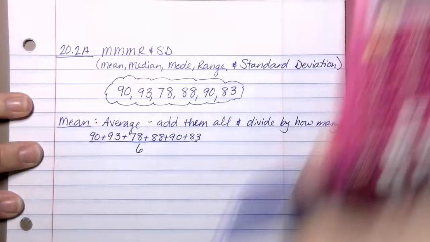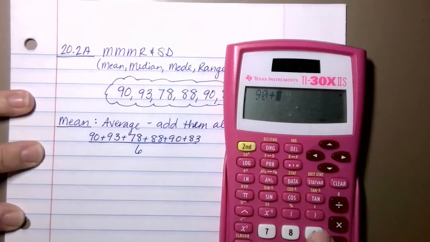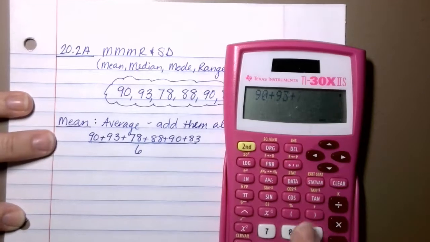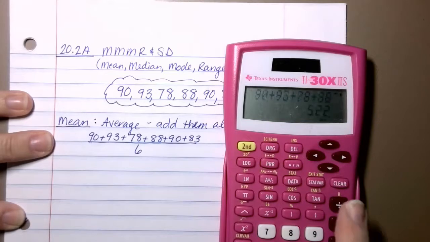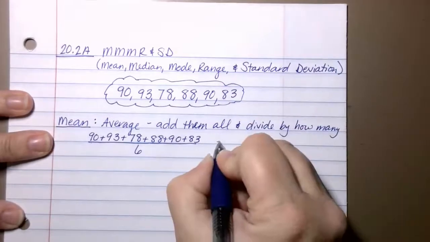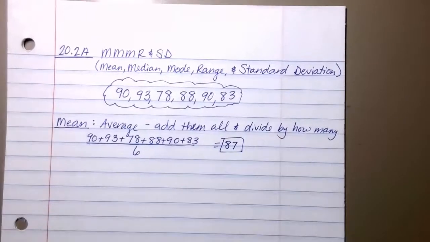6. So go into my calculator. 90 plus 93 plus 78 plus 88 plus 90 plus 83, all divided by 6. 87. Is my mean always going to be a nice number? Not necessarily.